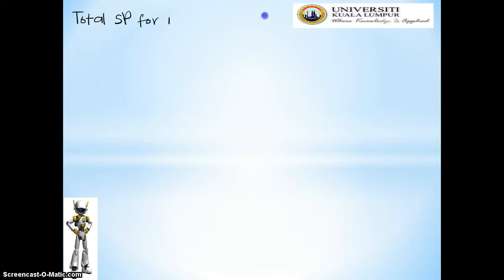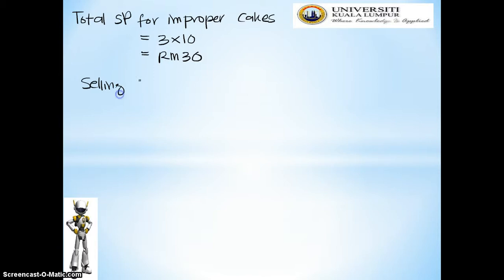We have to sell at 10 ringgit each. So 3 times 10, then we get RM 30. So from that particular value, we can find the selling price for the remaining cakes.